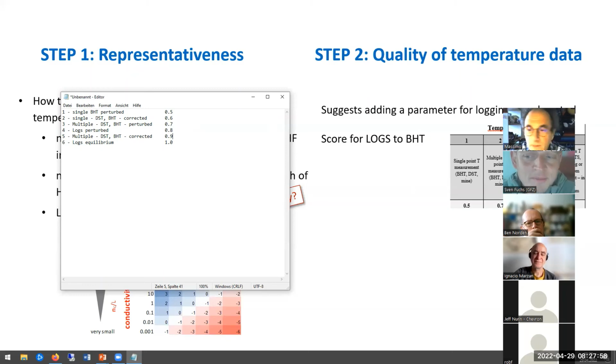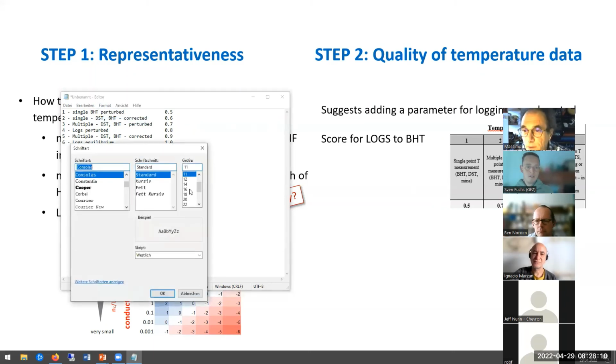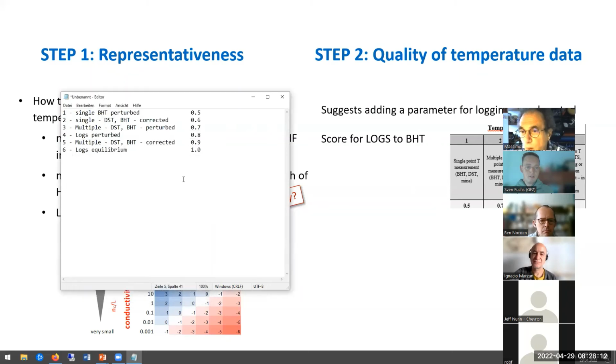Otherwise, in many cases, I found that very deep boreholes with DST data or corrected BHT data can supply quite good information about the heat flow. I fully agree with Matthew.